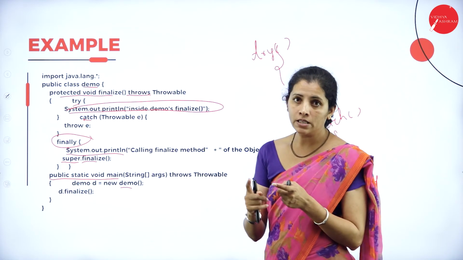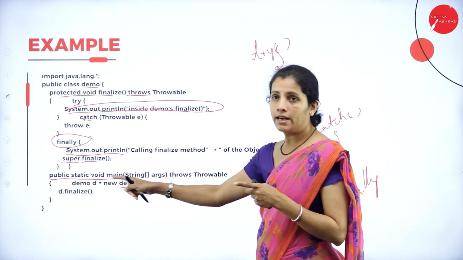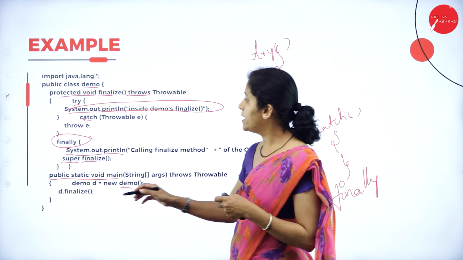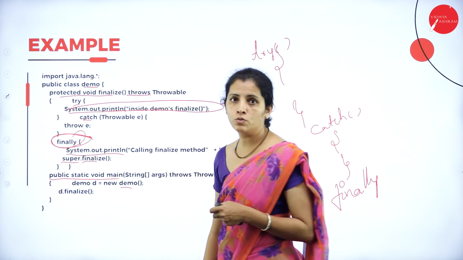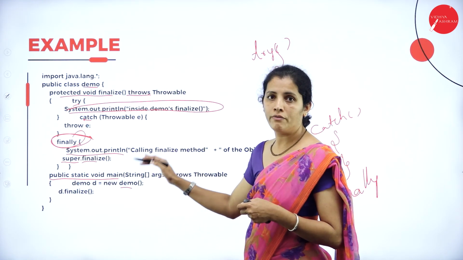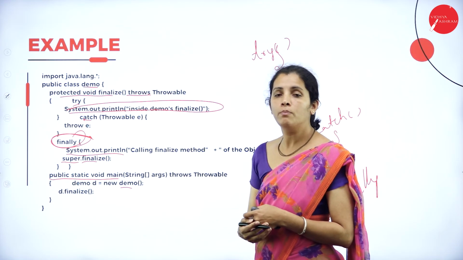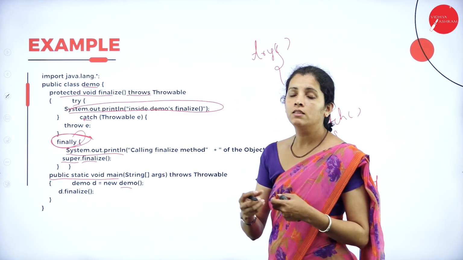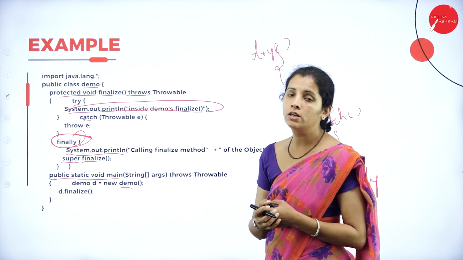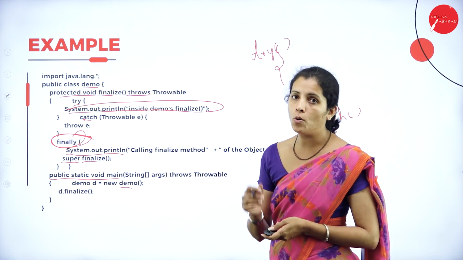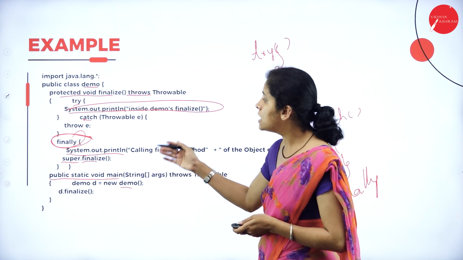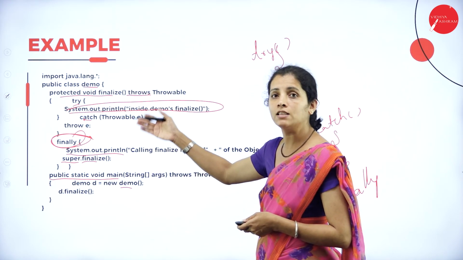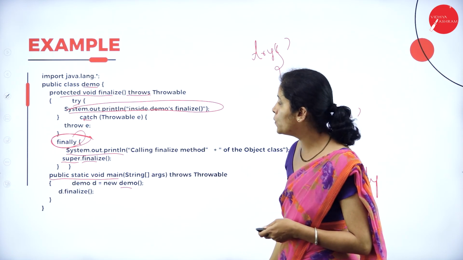The garbage collector as well as the finalize method are going to execute together, because when I call finally, it's going to call finalize, and it's going to perform all the cleanup procedure as well as the garbage collector is called in order to destroy the object. So, dear student, these are the usages of the finalize keyword as well as the finalize method in a Java program.